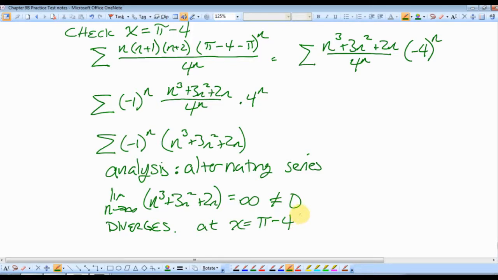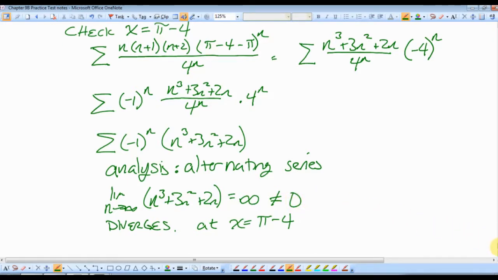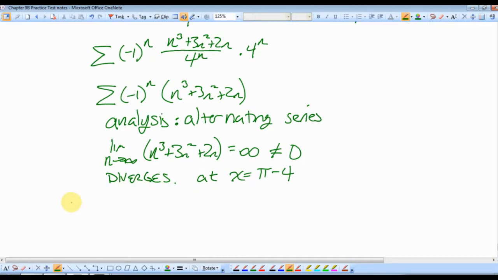When you're doing an alternating series test, if you get anything other than 0, the series diverges. Okay, let's check endpoint number 2. We're going to check x equals pi plus 4.